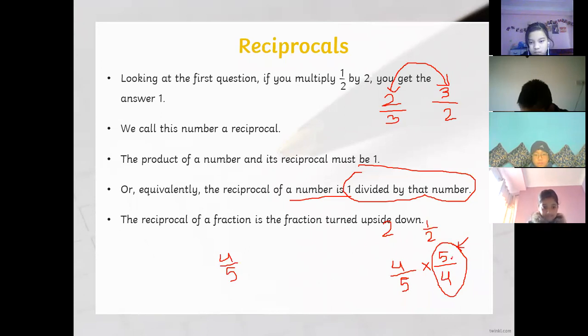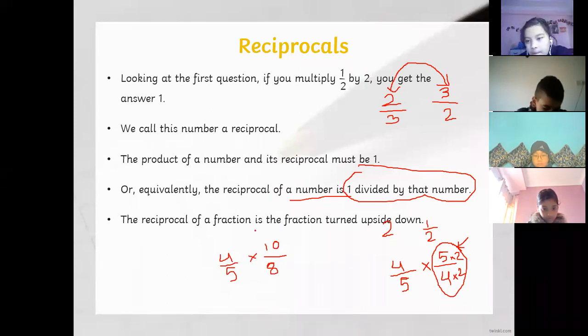Let me multiply this reciprocal fraction by 2. 5 twos are 10, 4 twos are 8. If you multiply any fraction by the equivalent fraction of its reciprocal, you also get 1. Look here, 4 times 10 is 40, 5 times 8 is 40. 40 by 40 means 1, right?